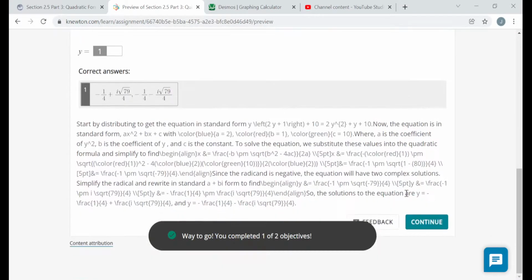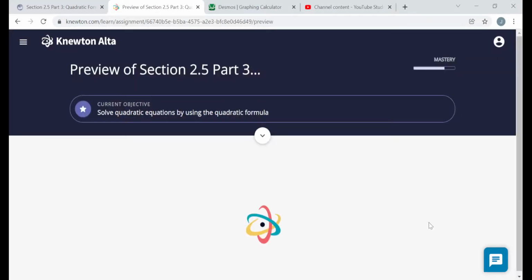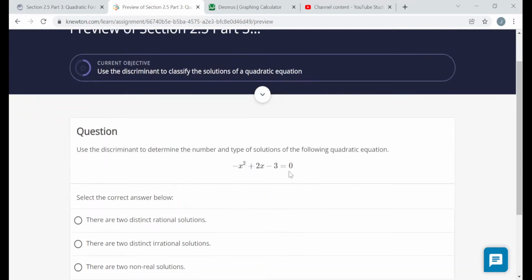All right, then the rest of it, the only questions left are on just that discriminant. Now again, they're giving us an equation here that's already in standard form. I'm just going to say this out loud. I've already done 2 of these. b squared is 4.